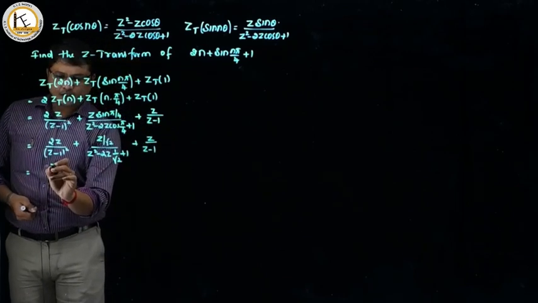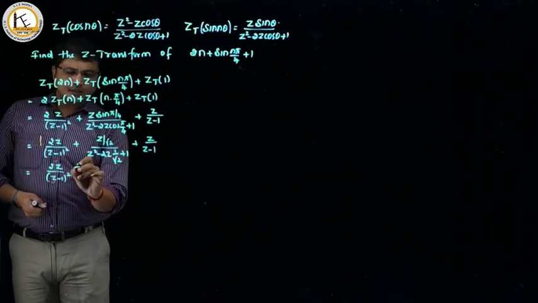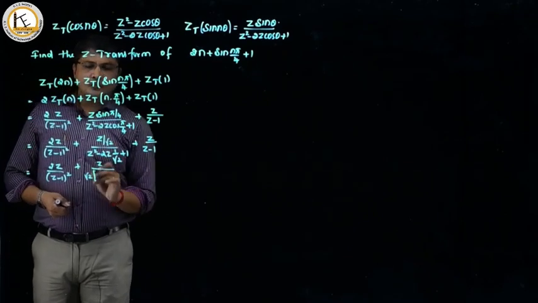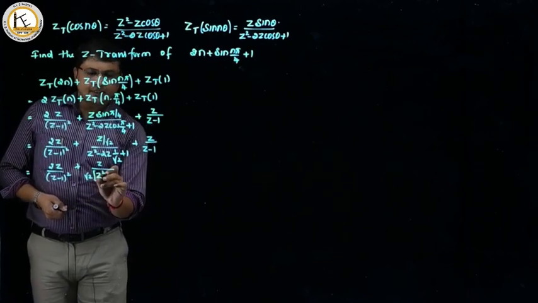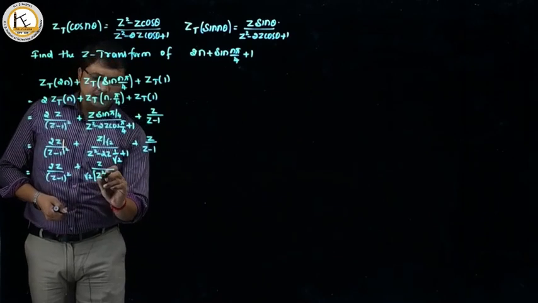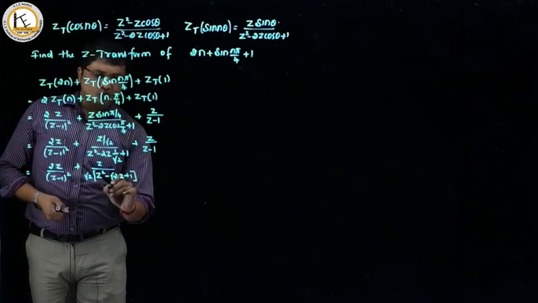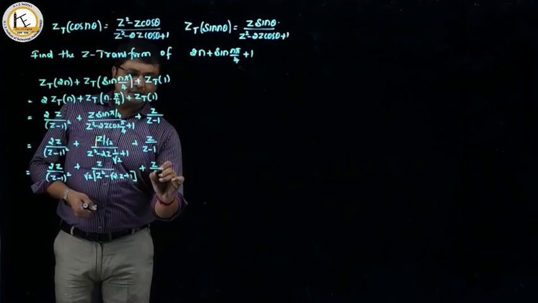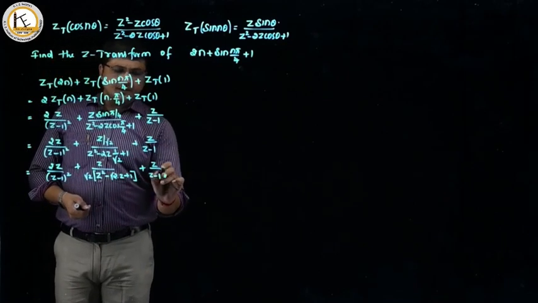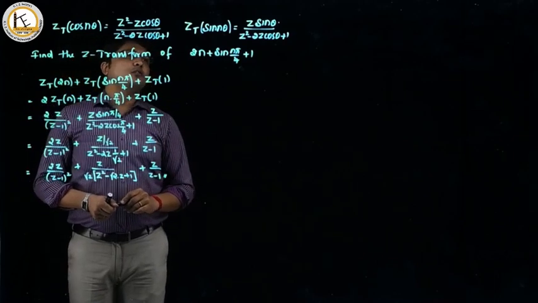Simplifying further, we have 2z by z minus 1 squared as it is, plus z divided by, taking this root 2 in the denominator, z square, and since this 2 can be written as root 2 into root 2, one root 2 cancels and the remaining is root 2 into z plus 1, plus z divided by z minus 1. So this is the z transform of 2n plus sine n pi by 4 plus 1.